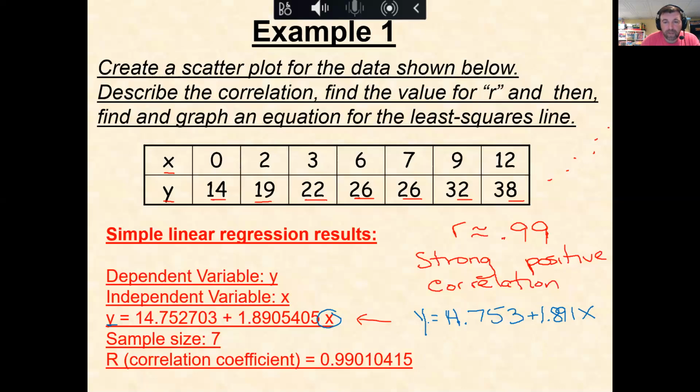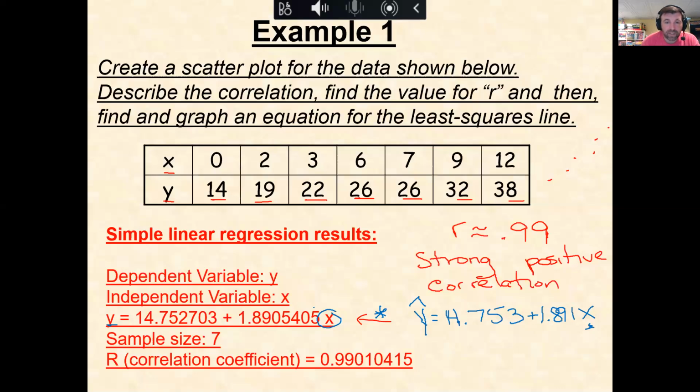If we want to talk about a predicted y value, though, we have to put a hat above the y value. And now this is the equation. Because when it was just y, that's implying when I plug in x, I'm going to get the y value. We're not going to get the y value. We're getting the predicted y value for a specific x value.